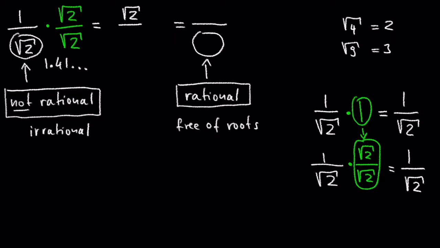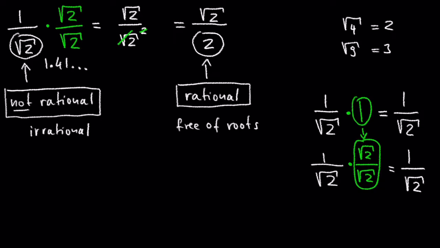We can write this as the square root of 2 raised to the power of 2, to see that the square root and the power of 2 cancel each other out. Now we've turned an irrational denominator into a rational denominator without changing the value of the original problem. How cool is that?